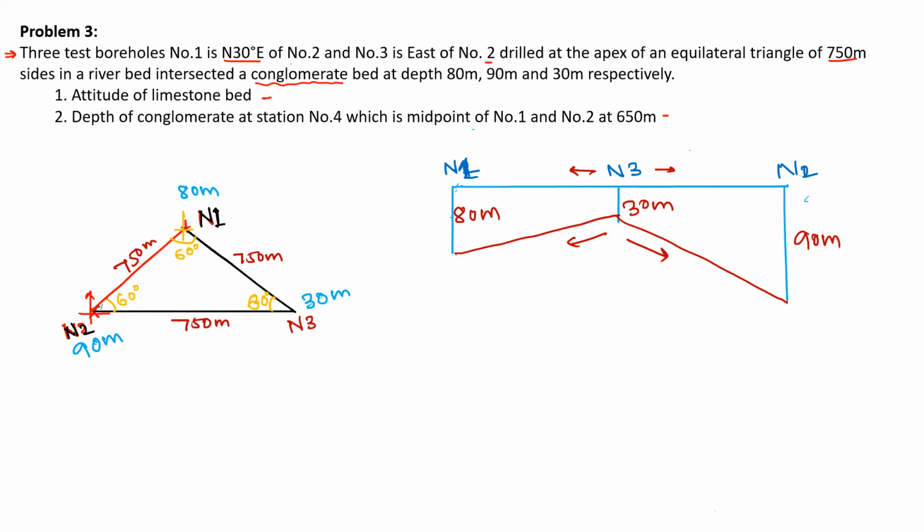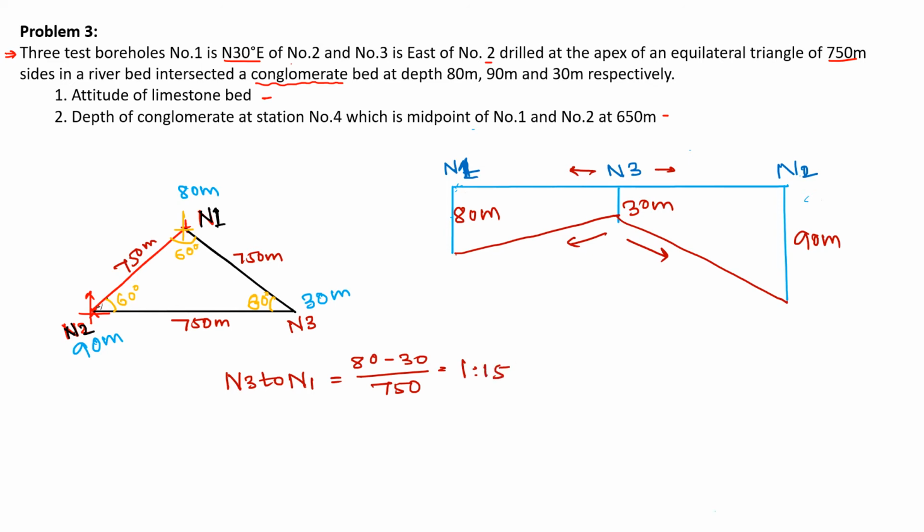Now how will you find the gradient? So N3 to N1. Its formula has already been explained in the first column. So 80 minus 30 divided by 750, and that comes around 1:15.